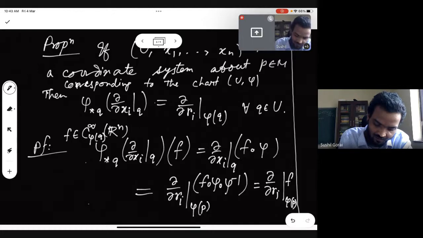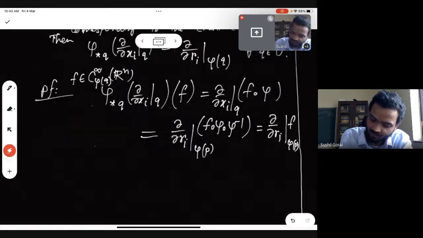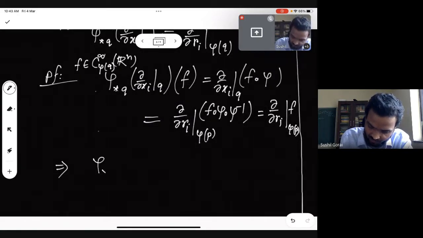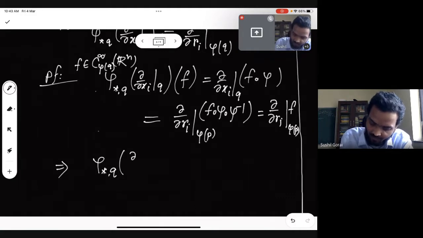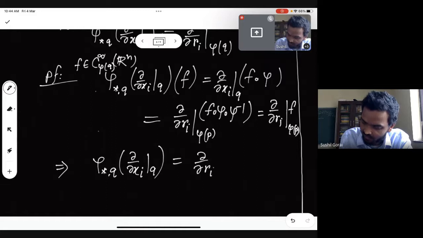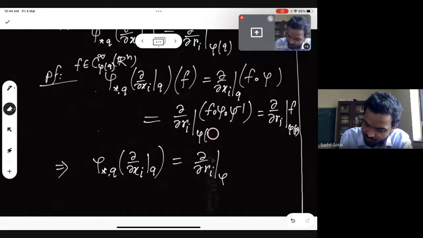What does this imply? This implies, comma, maybe a comma is good here, del by del xi at q is equal to del by del ri at phi of q. Not p actually, it's just q.